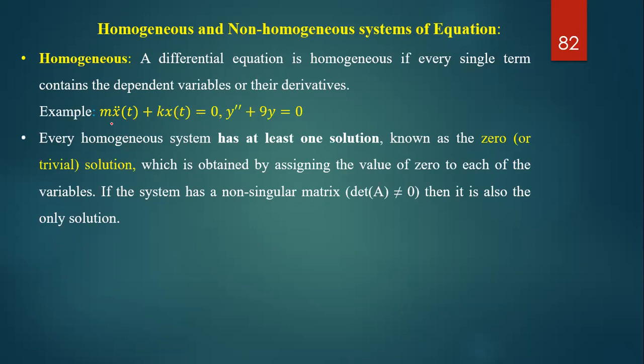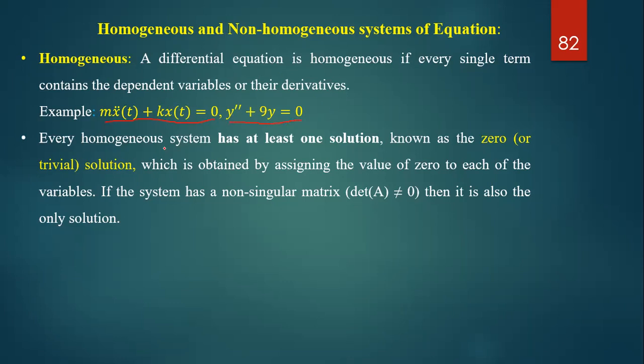Actually, this equation is the most usual equation for the undamped free vibration case, because of that I'm using it here. So this equation is homogeneous because it has no extra term; the right side is 0. So this is linear. This is a second order homogeneous equation. This is also a second order homogeneous equation.